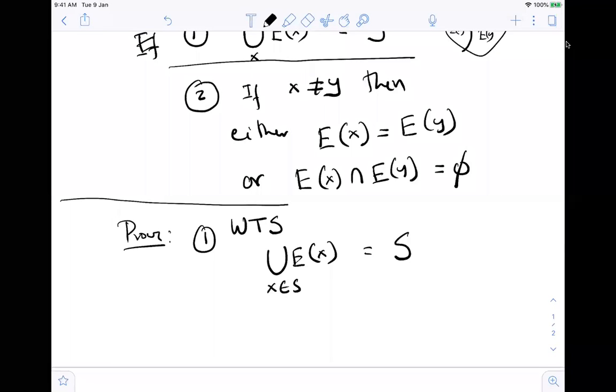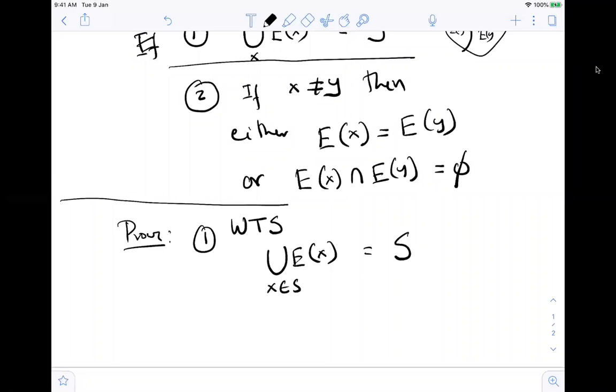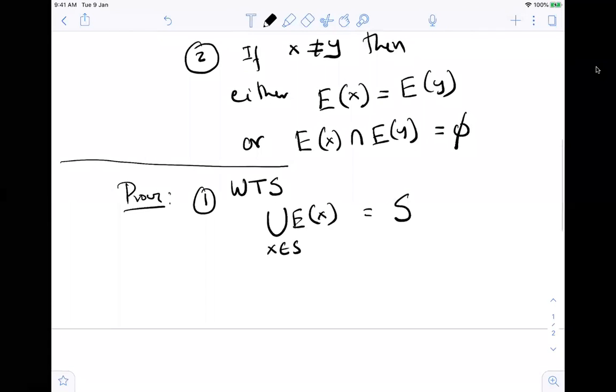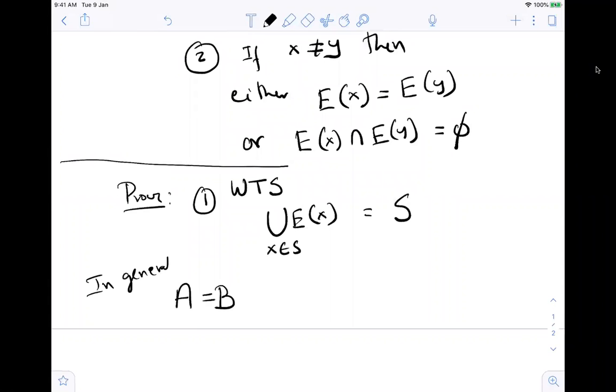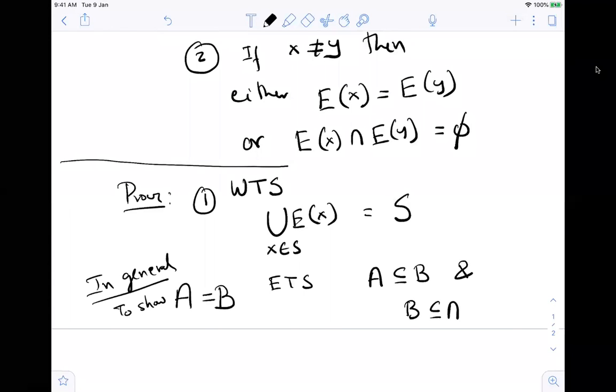We can show that the left hand side is a subset of the right hand side and vice versa. Good. In general, if you have to prove that a set A equals a set B, it is enough to show that A is a subset of B and B is a subset of A. So maybe this is what we want to do.